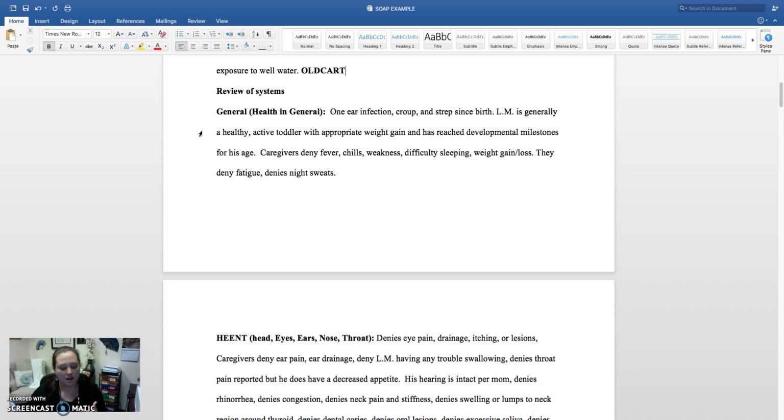What I'm seeing a lot repeatedly is denies rash, denies cough, denies abdominal pain, denies swelling. So you have some of the components going, but getting a detailed, exhaustive list of pertinent positives and pertinent negatives within that system is something you want to focus on.